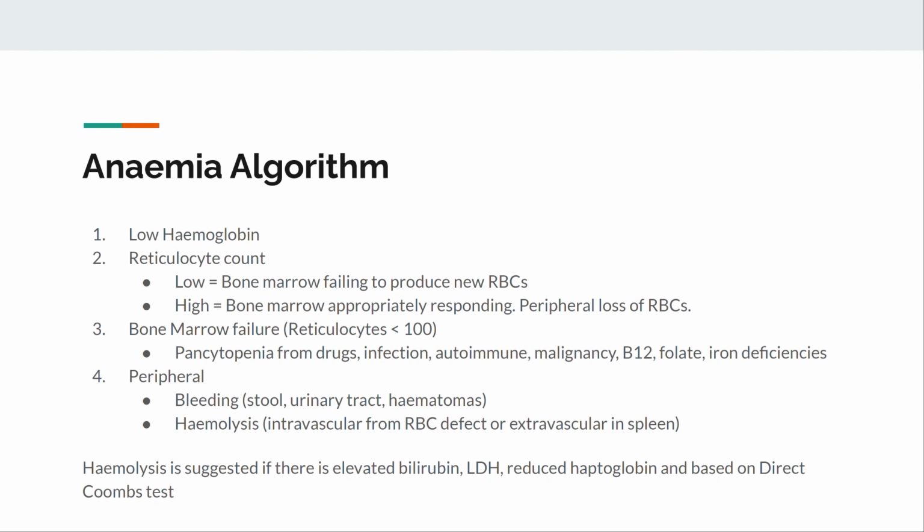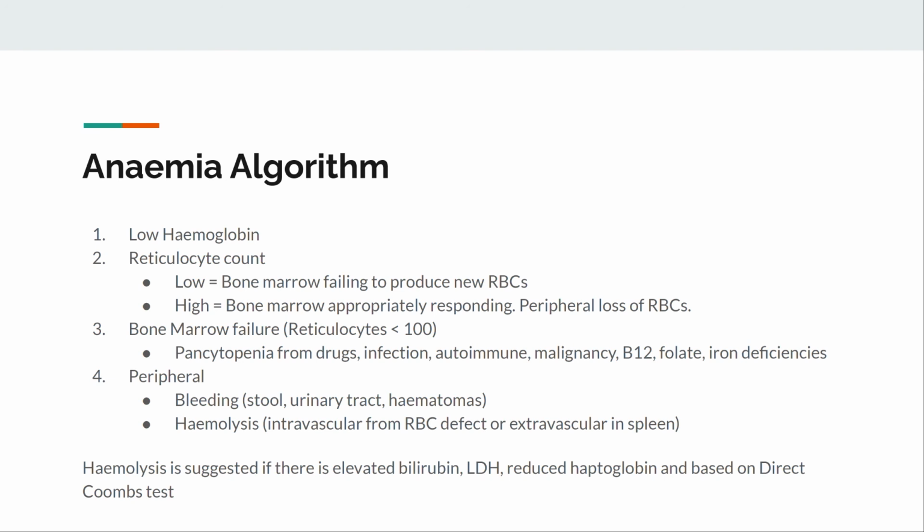Things that cause bone marrow failure are drugs, infection, autoimmune diseases, cancers, and what you call the hematinic nutrients, B12, folate, and iron. Peripherally, you could be bleeding, and the most common place is an occult bleed in a GI bleed into the stool, urinary tract bleed, which can be kind of invisible, or hematomas.